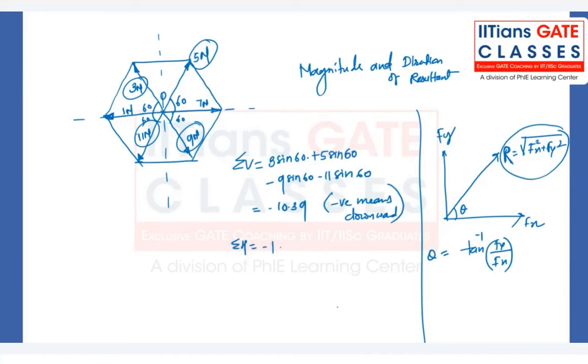Minus 3 cos of 60 plus 5 cos of 60, plus 7 plus 9 cos of 60 minus 11 cos of 60. Anything missing? No. If you solve them, you will get 6 Newton.